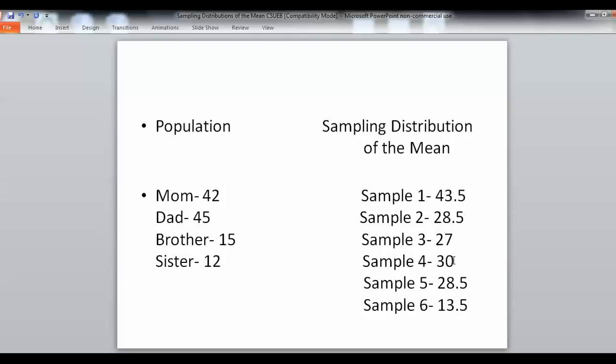We can also see that 1 sample had a mean in the 30s, and it looks like 1 sample had a mean in the 40s. So we had 1 sample had a mean in the teens, 3 samples had means in the 20s, 1 sample had a mean in the 30s, and 1 sample had a mean in the 40s.